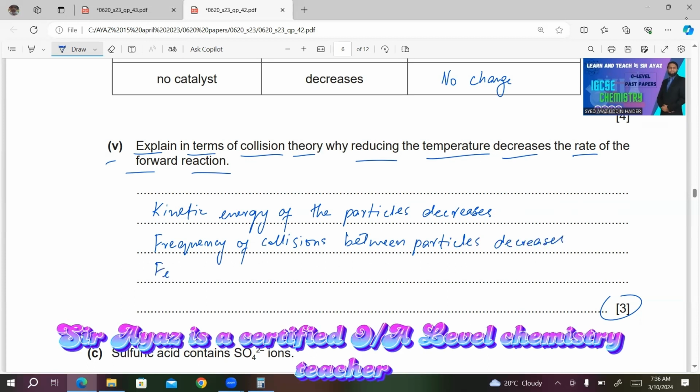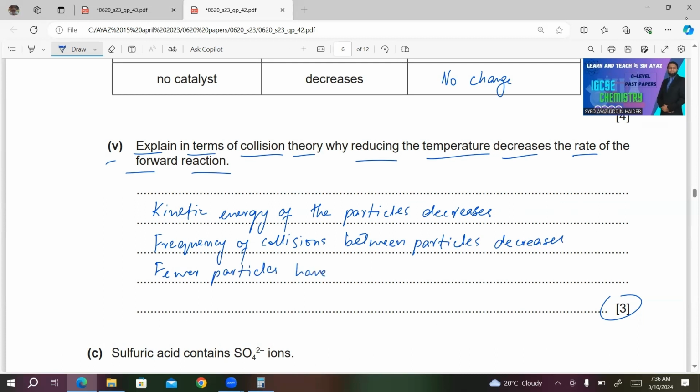You have fewer particles have energy greater than or equal to activation energy.